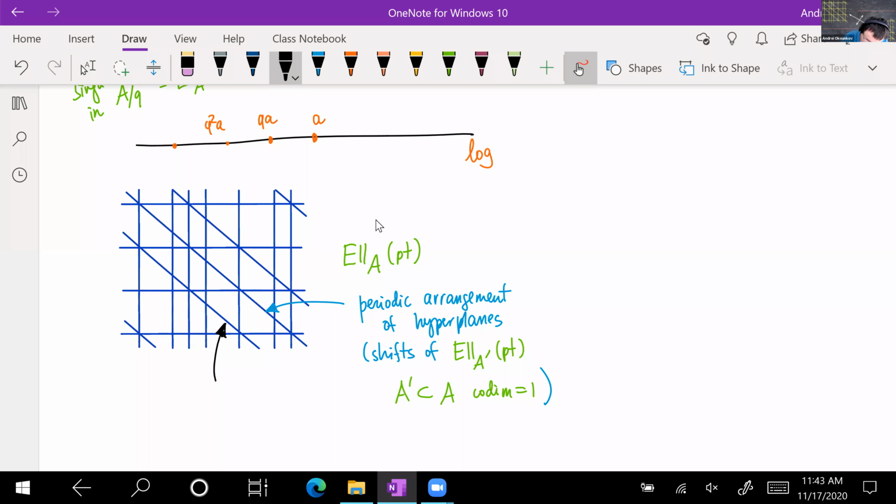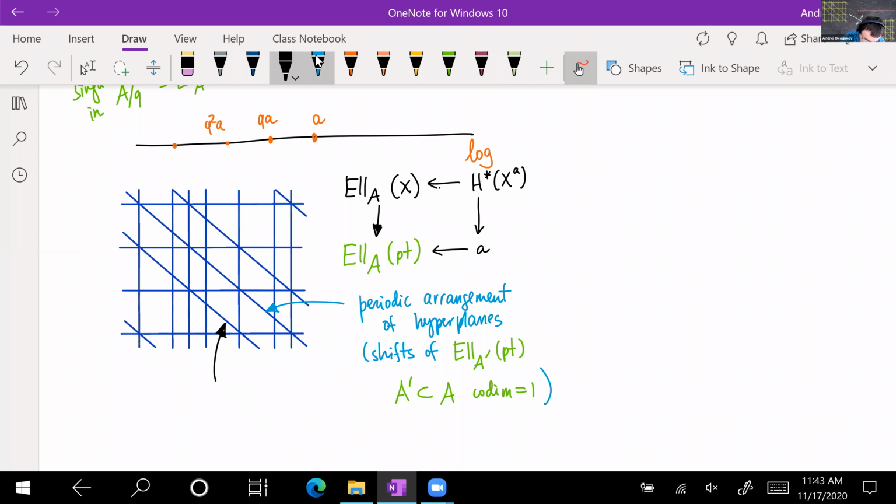So over this, we have A equivariant cohomology of X, with the fiber being the cohomology. So if I have a point A here, then the fiber here is like the cohomology of the fixed point. Right?